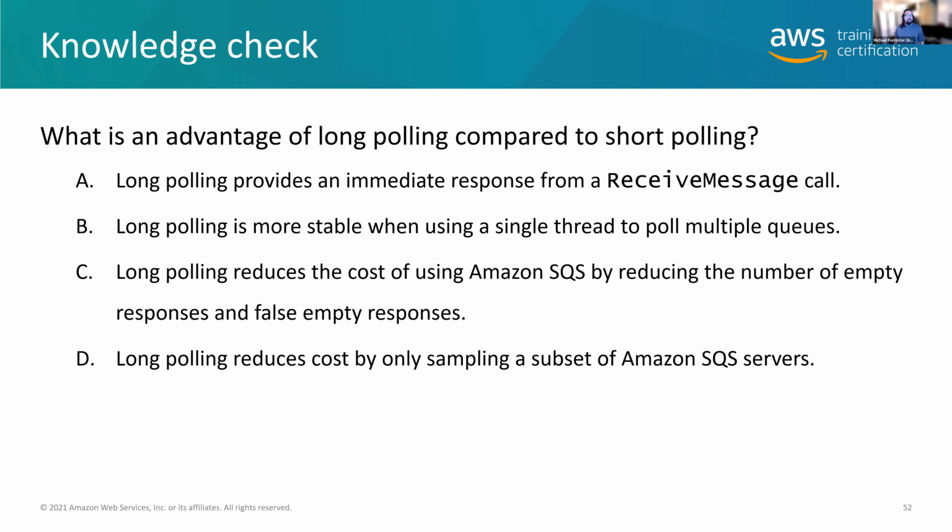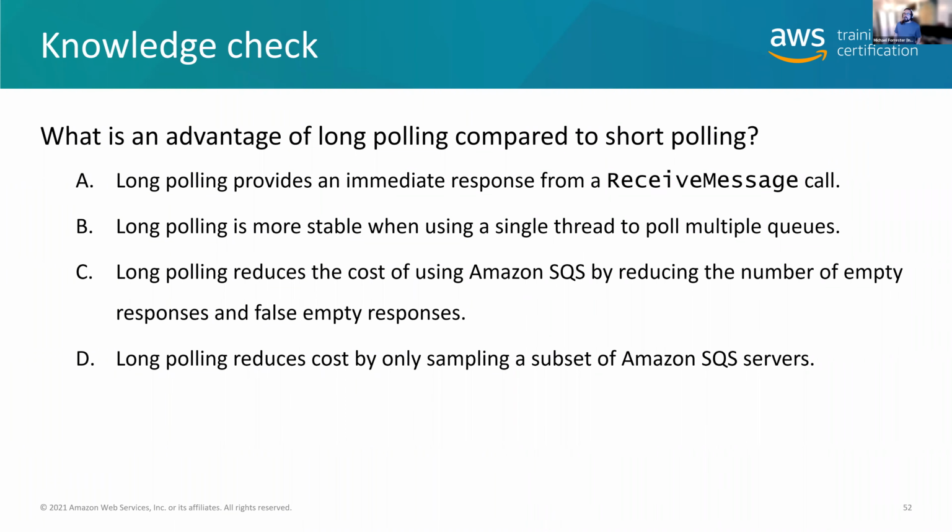Okay, what's the advantage of long polling compared to short polling? What is the advantage of long polling, which is where you talk to every server involved in your SQS queue, versus short polling, where you only talk to a few servers inside your SQS queue?